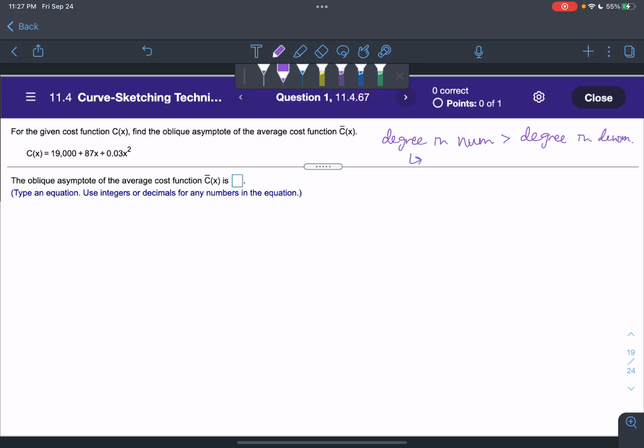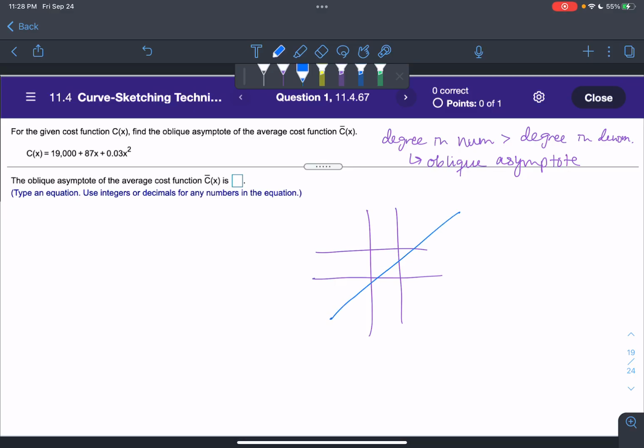Then you have an oblique asymptote. It's like an asymptote in the form of a line, and your function is kind of skewed around it. It's not a horizontal or vertical situation. But anyway, it's not as important that you understand what it looks like.